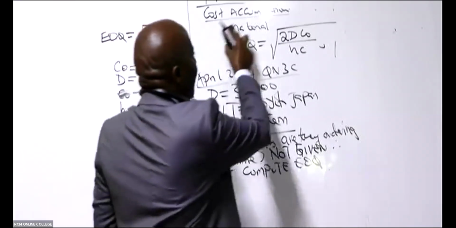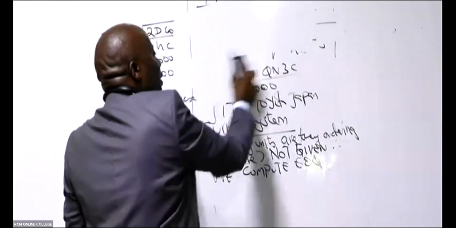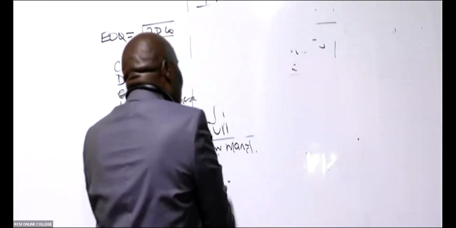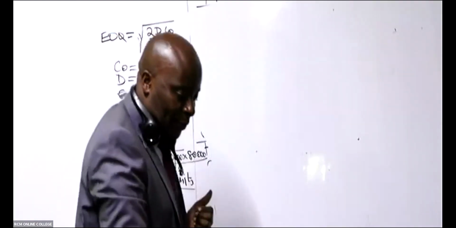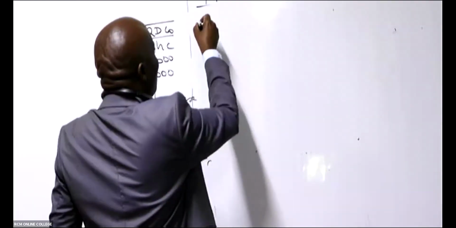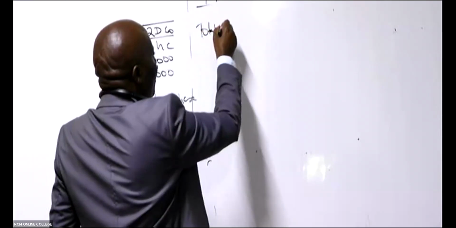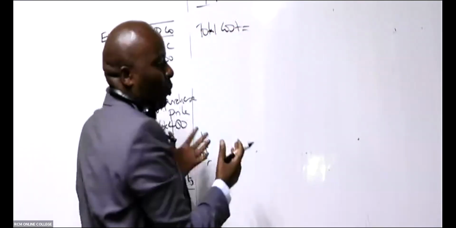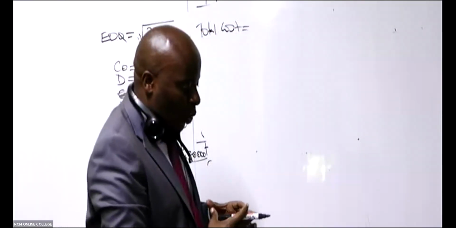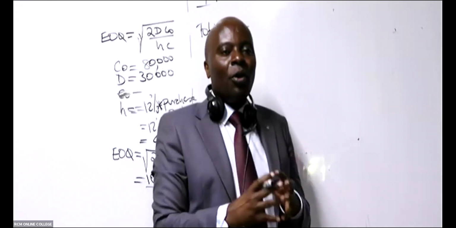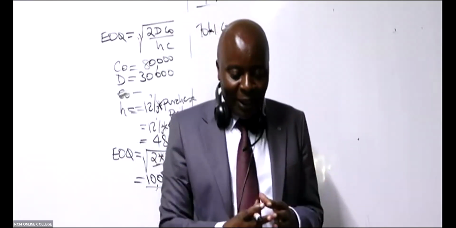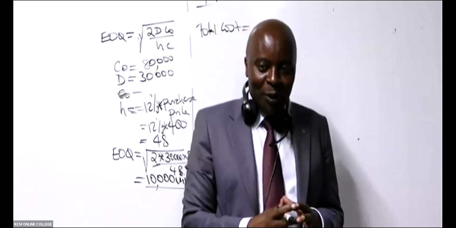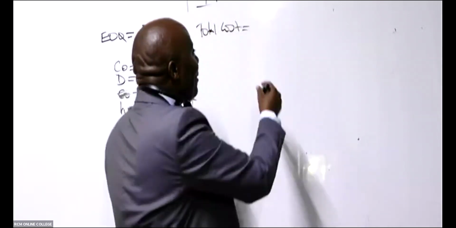So come and give me the current. What is the total cost? Is there somebody who remembers the formula for getting total cost? I gave you a formula, and if you remember very well, we premised it on Mwai Kibaki's political party. This guy belonged to which political party? DP.